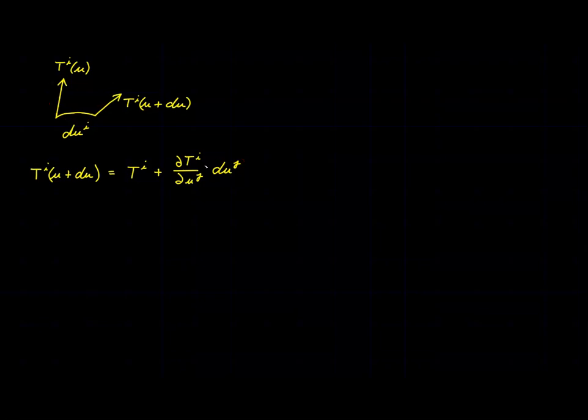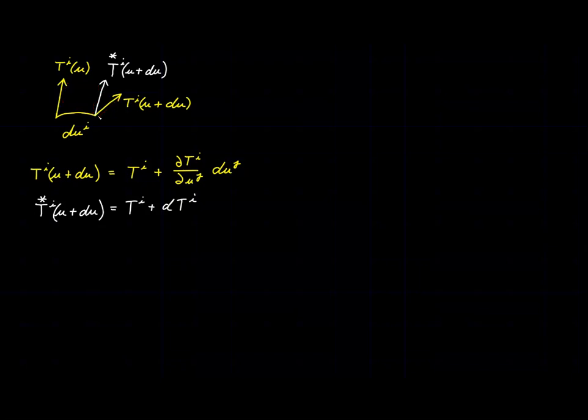Well, now let's parallel transport vector Ti along the same path to produce vector Ti star. Note that Ti and Ti star are not the same thing. Ti here is the actual value of the vector field at this point. On the other hand, we get Ti star by parallel transporting vector Ti all along here. We're transporting it parallel to itself until we reach this point.